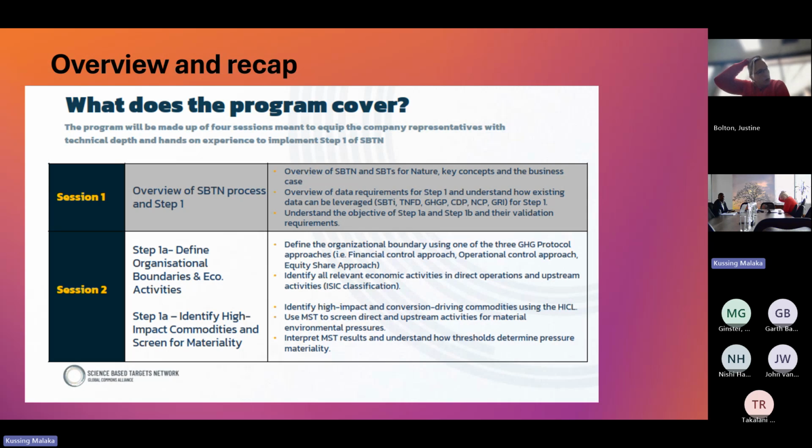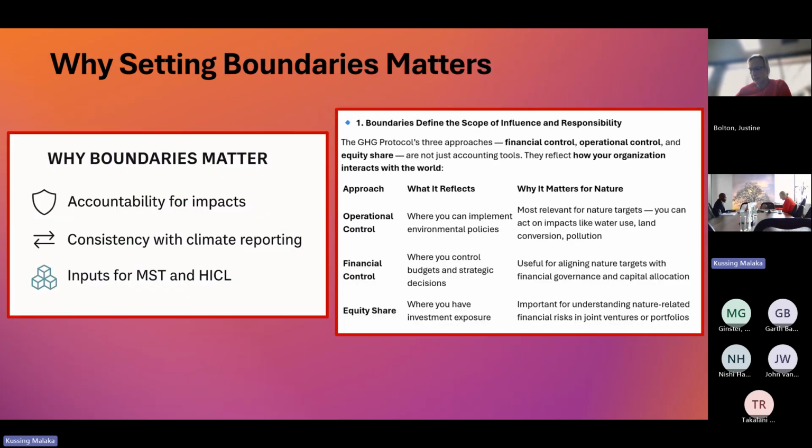Although it may be quite familiar, and most companies may have already done it if they consider their greenhouse gas boundaries, it's important to understand why it's done, what the purpose is, and make sure you've got confidence in the boundary setting. Thanks. You can move on to the next slide.